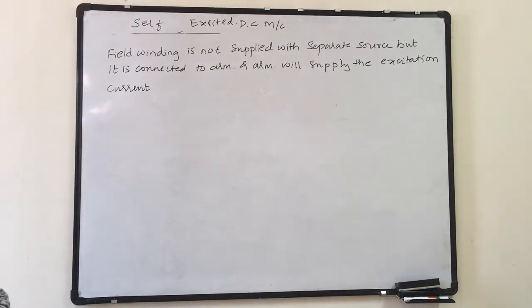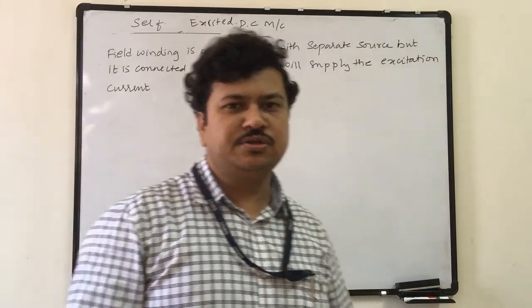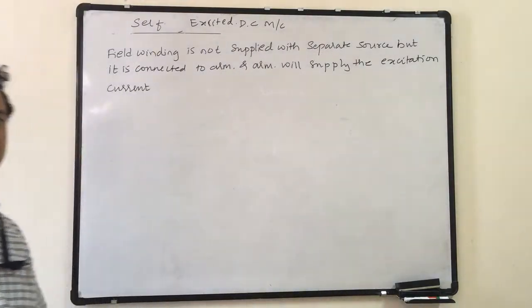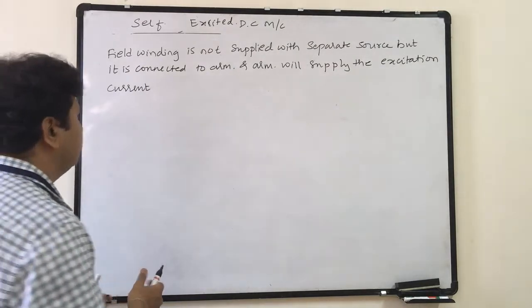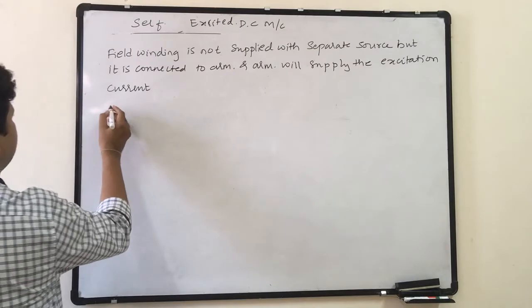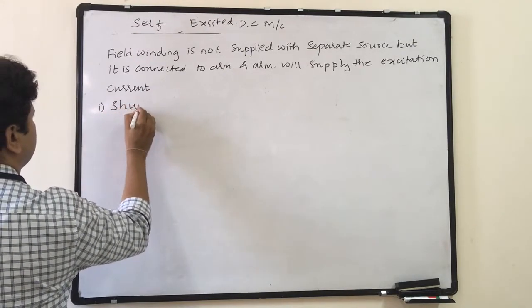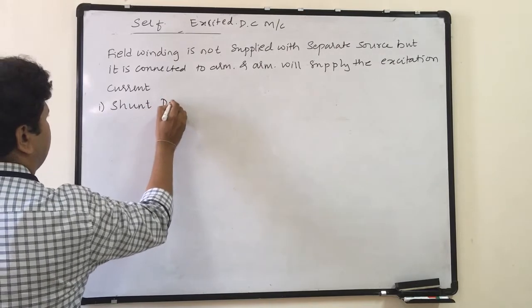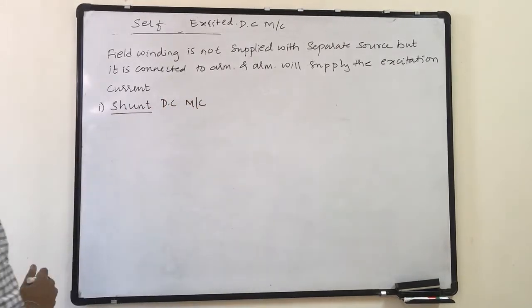So now we are not giving a separate DC source to the field winding. Instead, we are connecting it to the armature directly. In that, the first is the shunt DC machine.